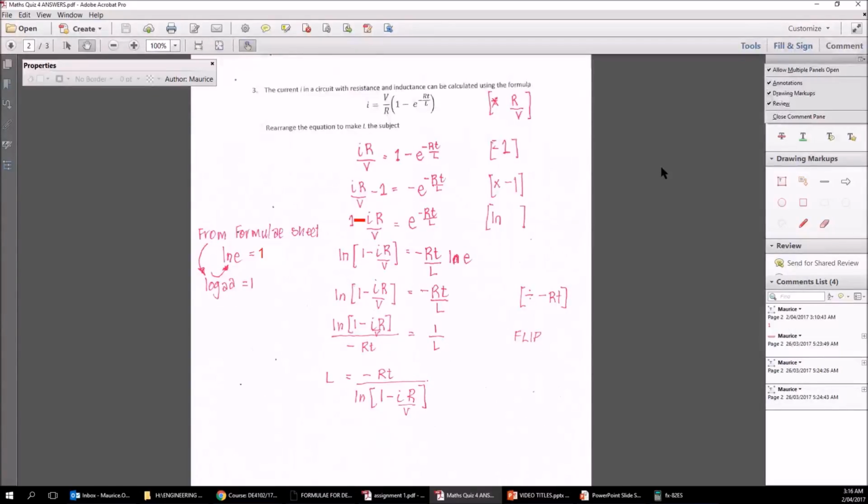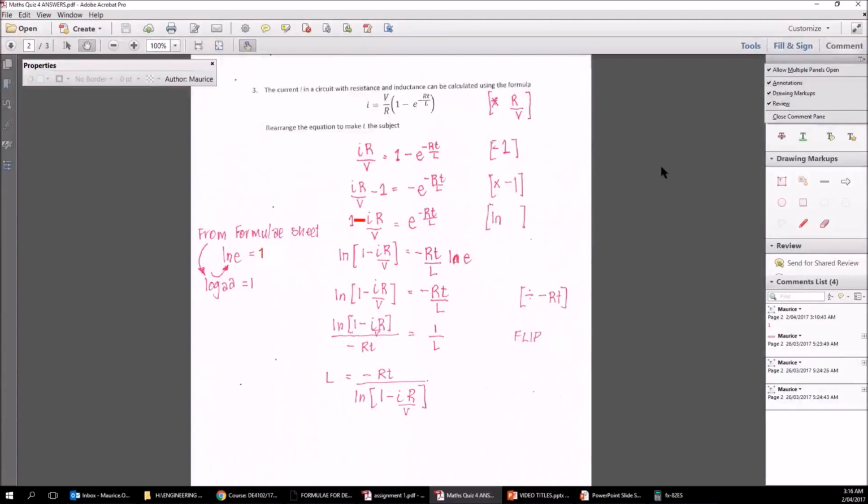As with exams, a bit of exam strategy: the questions usually get harder as you go through. So if you're in a test or an exam, it's probably not a bad idea to go through and get all the easy marks first. You don't want to be left at the end with a whole lot of questions you can answer but no time to answer them. So you do need to prioritize and strategize your way through the exam.